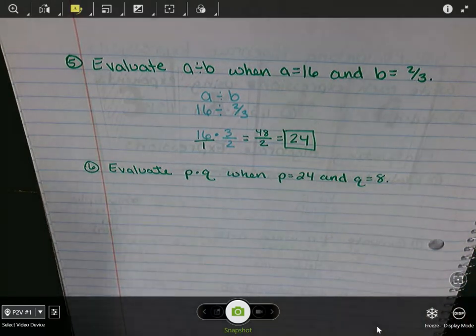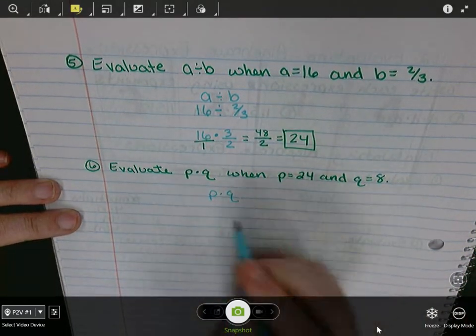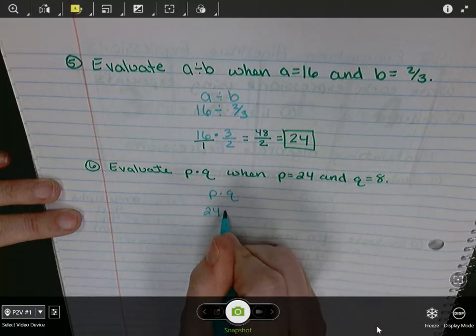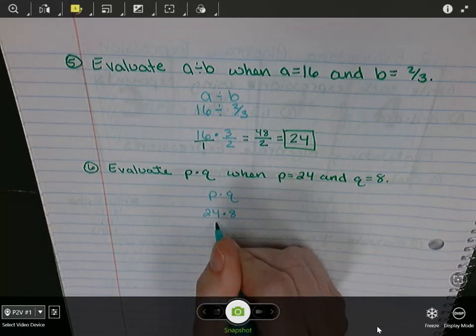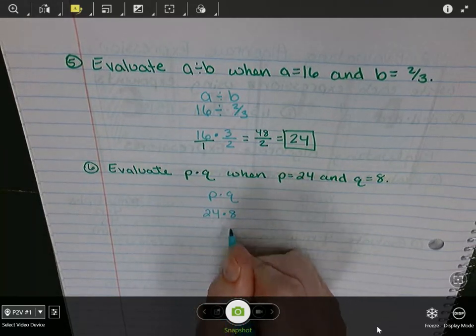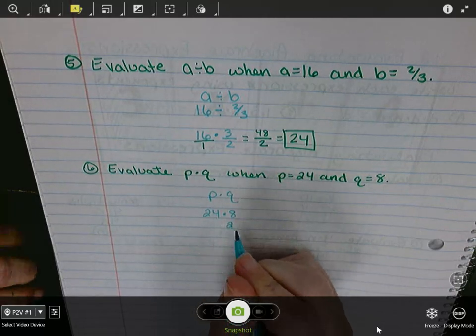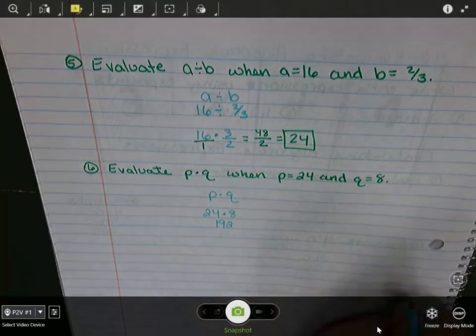So start off with your algebraic expression, P times Q. Then substitute in 24 for P times 8 for Q. Okay. And then you do 24 times 8, which is 192.